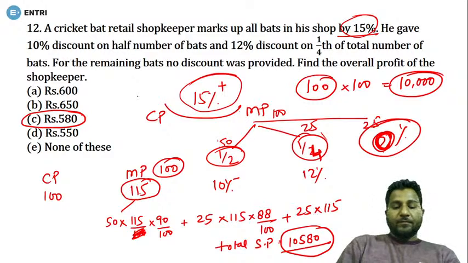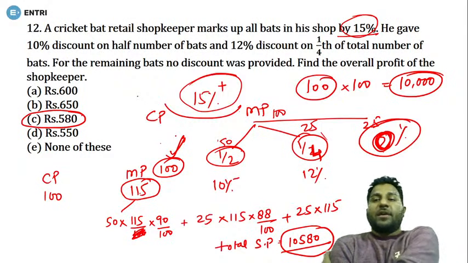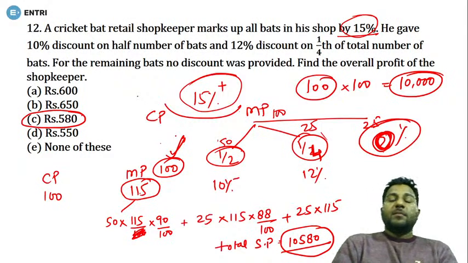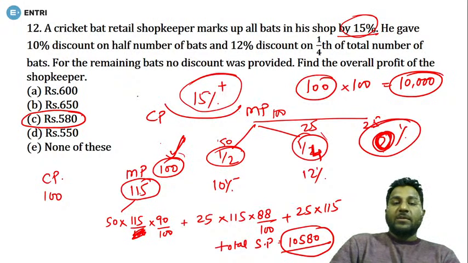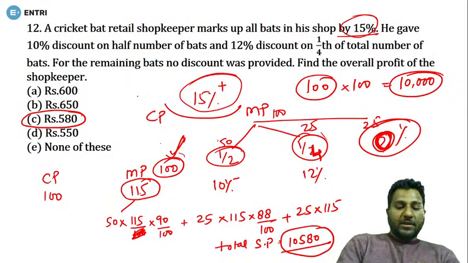Okay. Now tell me, have you got the concept? They didn't give numerical values, but you can suppose that, and the most suitable supposition would be 100 bats. So you can suppose the same quantity on cost price as well. So 580 according to this data will be correct. The best possible way to predict is the 100 one. Did you get that?